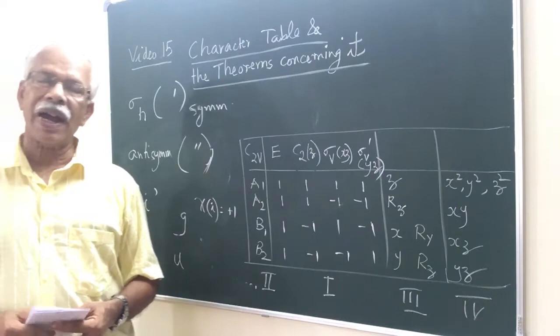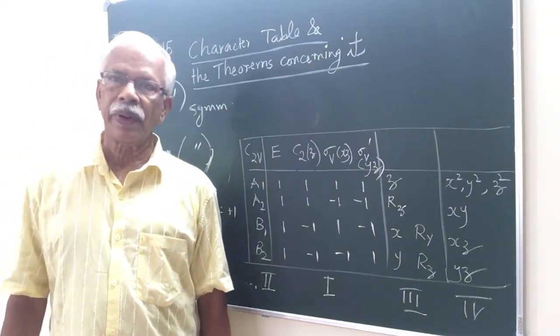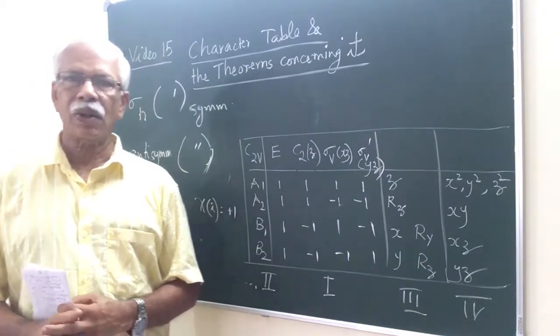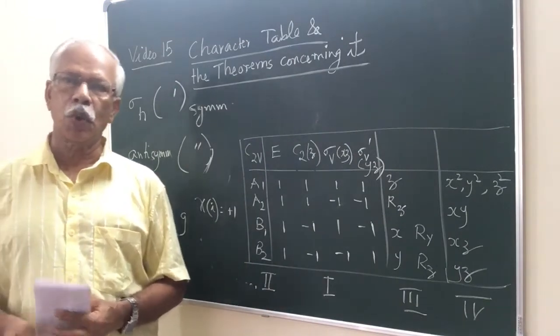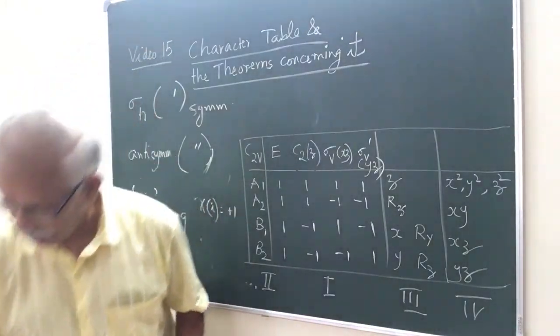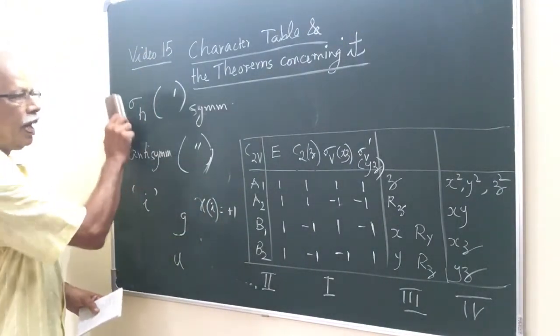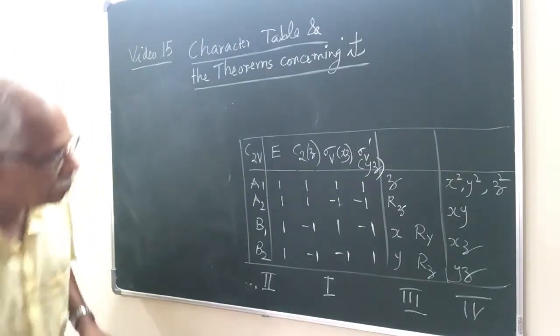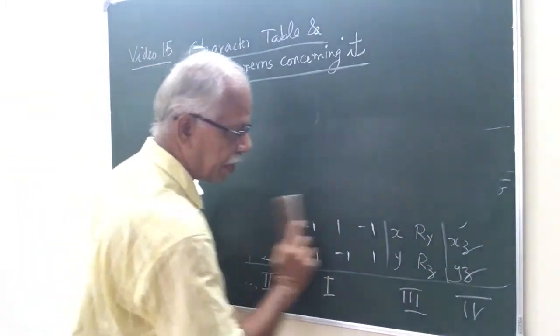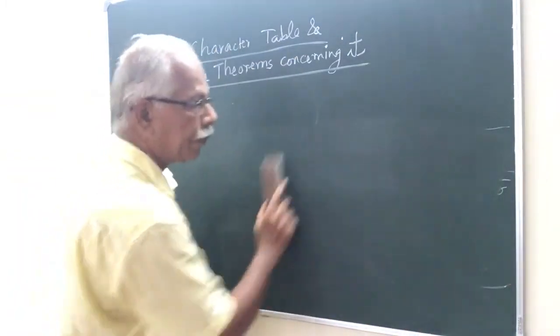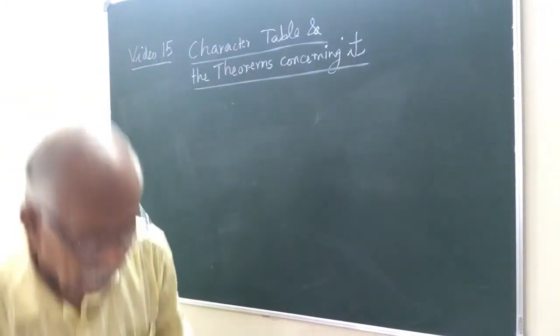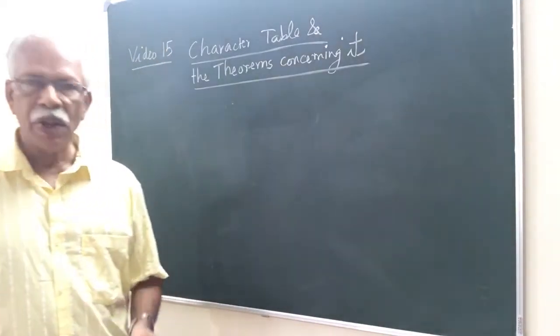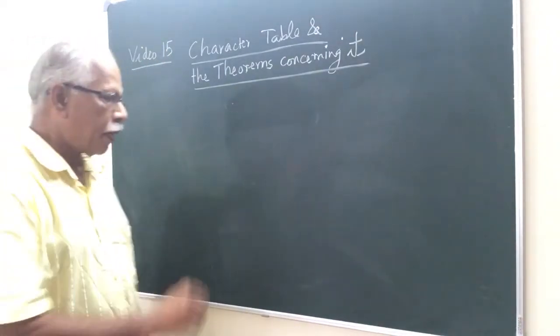In this context, I am reminded of a UGC NET question that was asked in June 2013. The question is as follows. I'll write the full question here. Identify the Mulliken notation for the following irreducible representation.